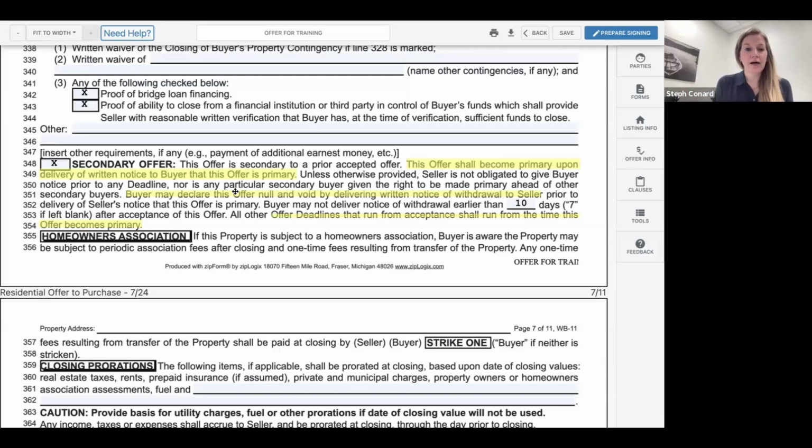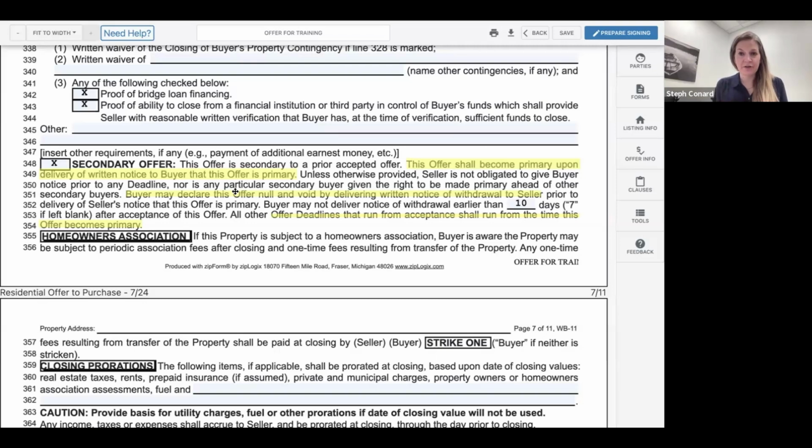So the last line within this provision is: all other offer deadlines that run from acceptance shall run from the time this offer becomes primary. It's key to note that once a secondary offer is accepted, nothing really happens until it's moved into primary.